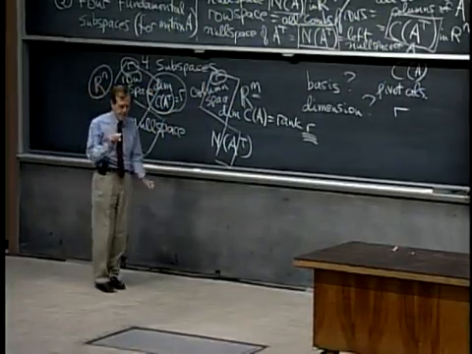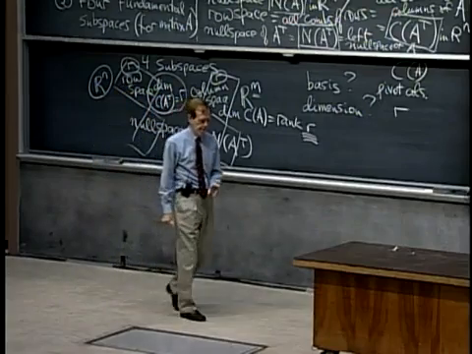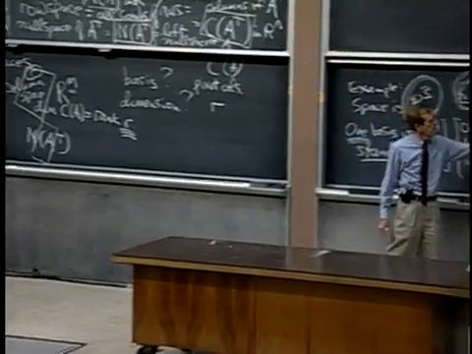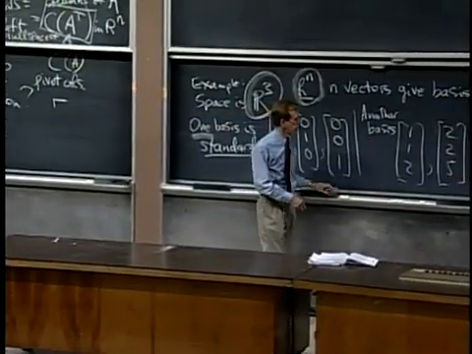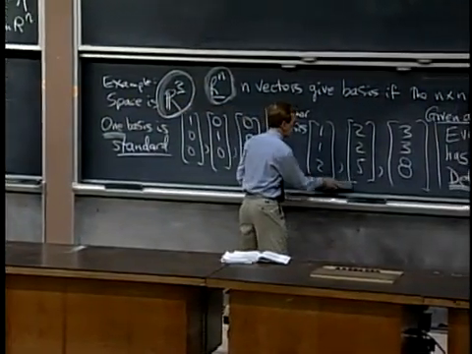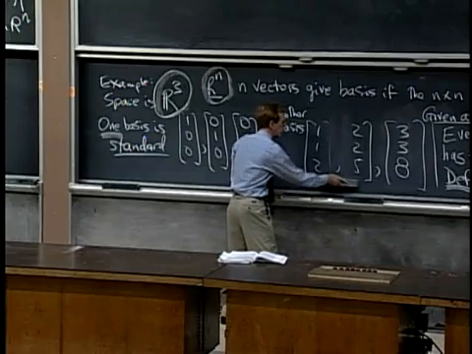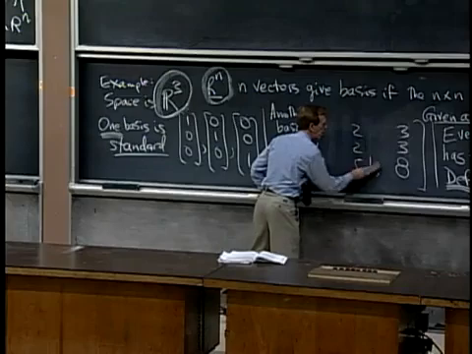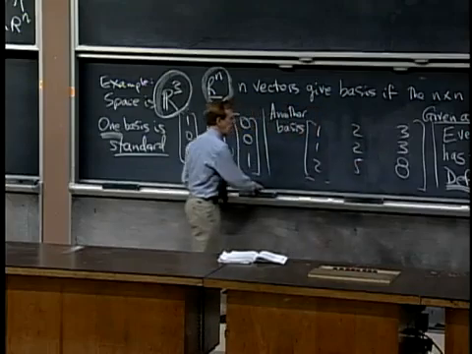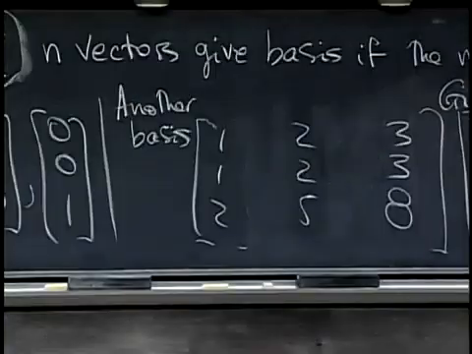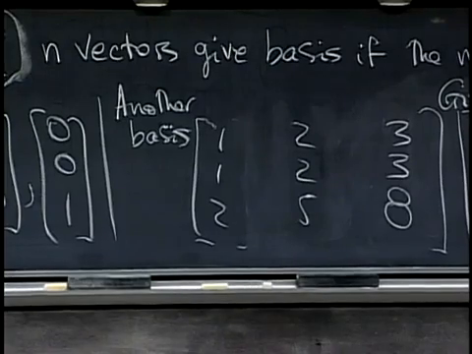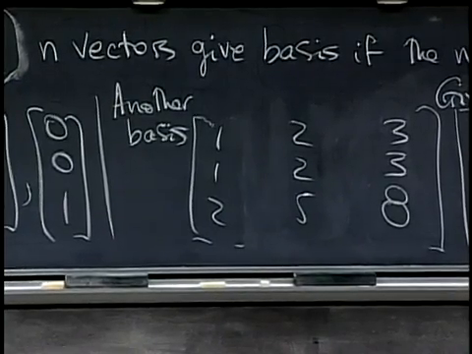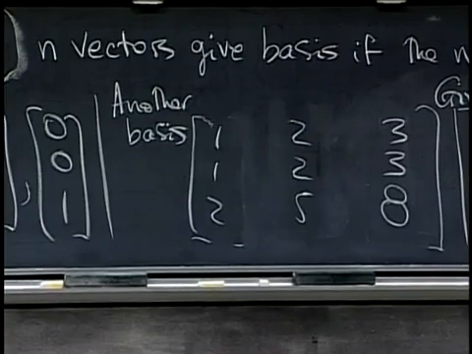That's the sort of insight that got used in this example. If those are the three columns of a matrix, let me make them the three columns of a matrix by just erasing some brackets. The rank of that matrix, if I look at the columns, wasn't obvious to me anyway. But if I look at the rows, now it's obvious.